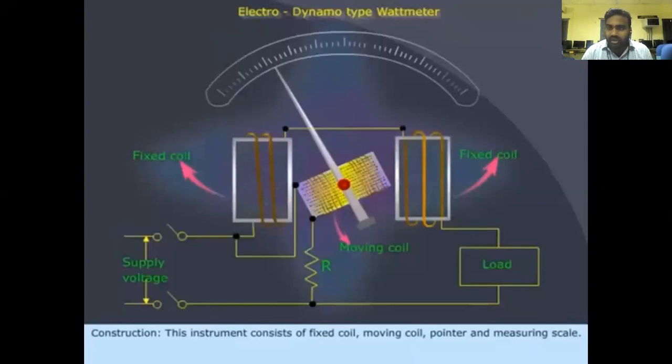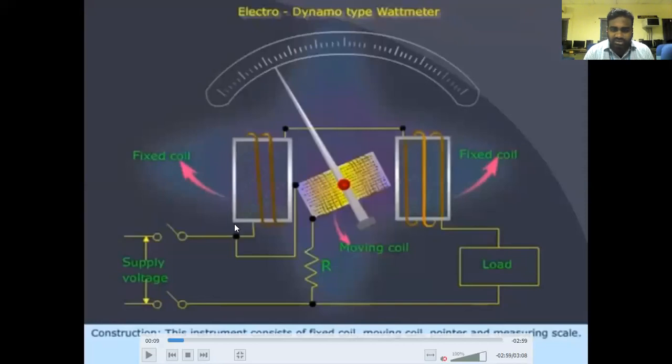I got this animation from YouTube and I'm sharing it for your better knowledge. Many people asked queries on WhatsApp yesterday, so that's why I'm showing this cross-sectional diagram. Let us see one by one.